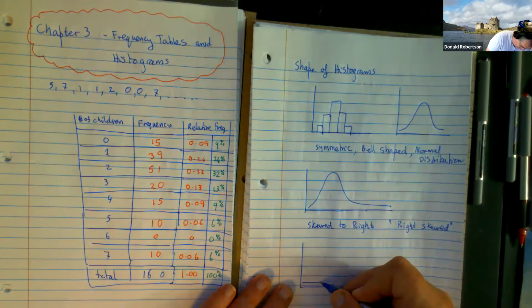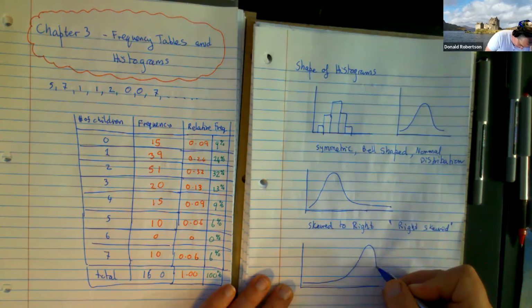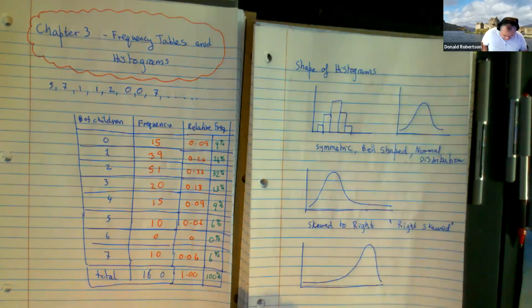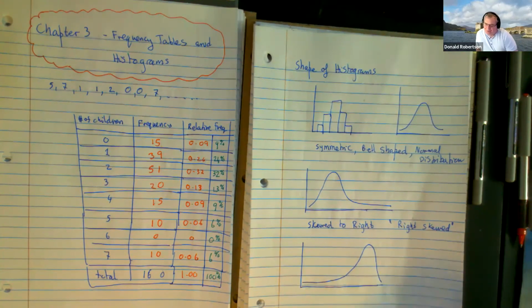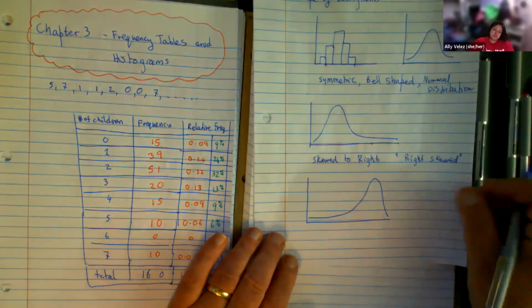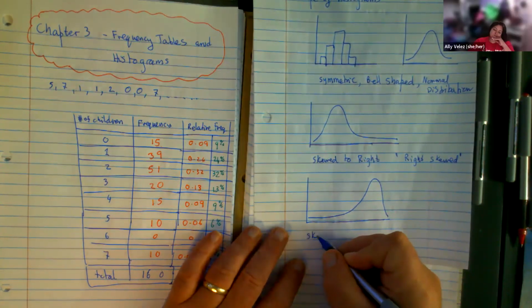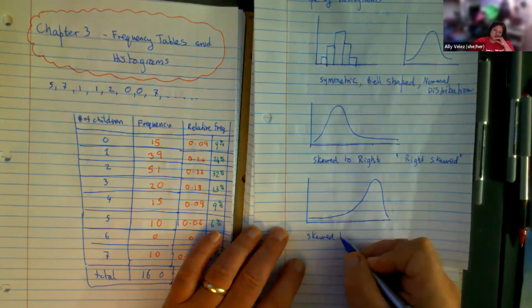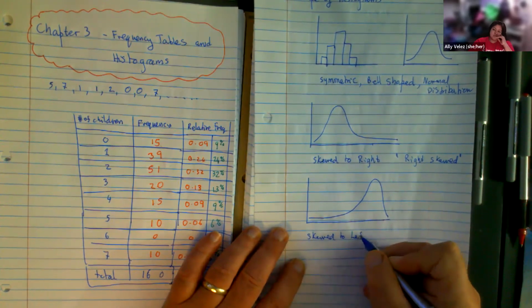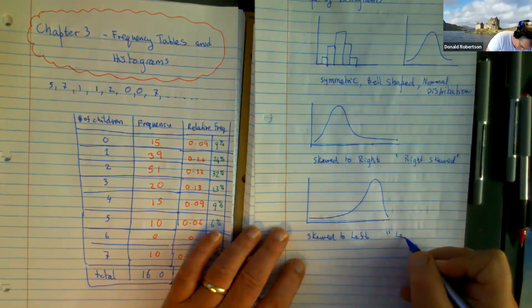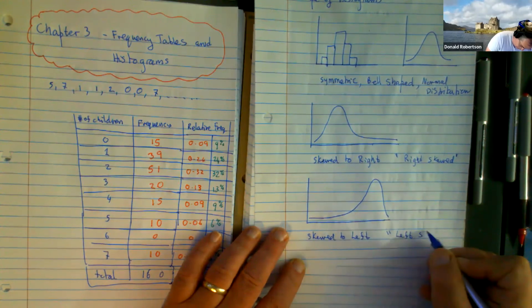And it shouldn't require too much imagination. What do you think data that looks like that is going to be called? Skew to the left. Correct. Or sometimes left skewed.